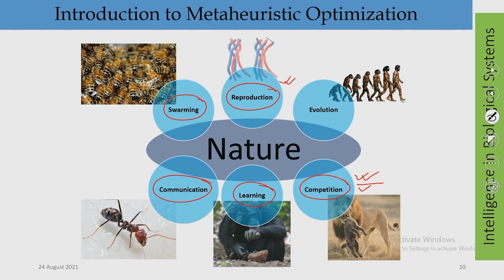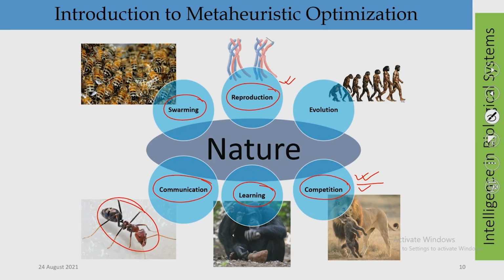People are trying to look at these phenomena, and if you look at it, everything is optimized. Suppose the ants are searching for food. As I said in my first class also, they have a very good communication technique, they communicate with each other, and they have a methodology to move in the shortest route basically. So, they are not moving arbitrarily.